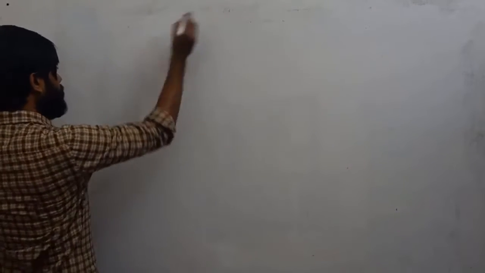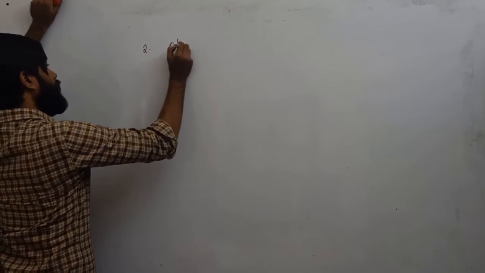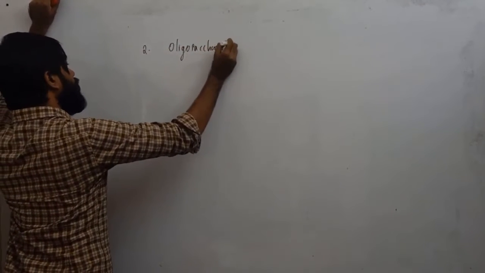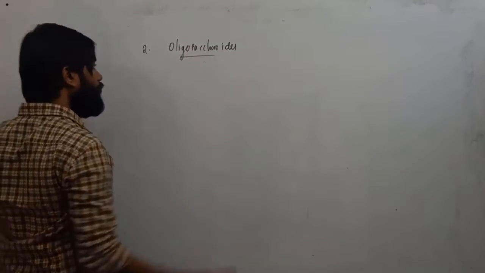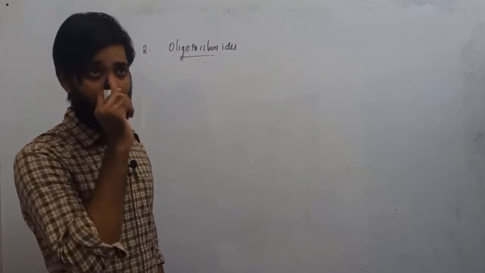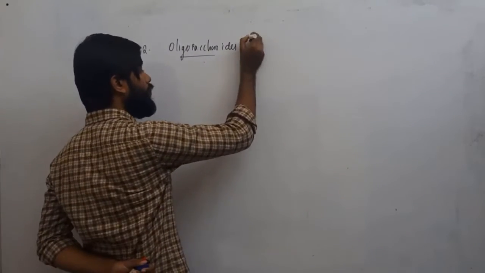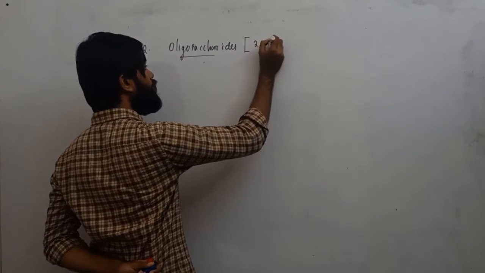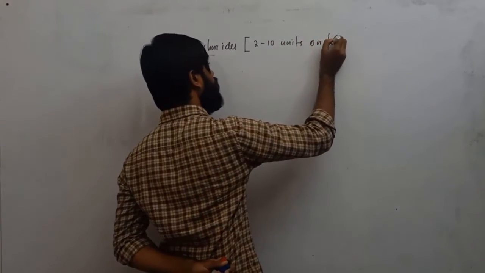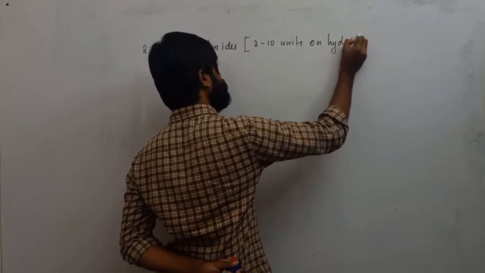And the next is the second category. If we can hydrolyze the carbohydrate into more than 1 unit, it is called the oligosaccharide. Okay, so mainly 2 to 10 units on hydrolysis.